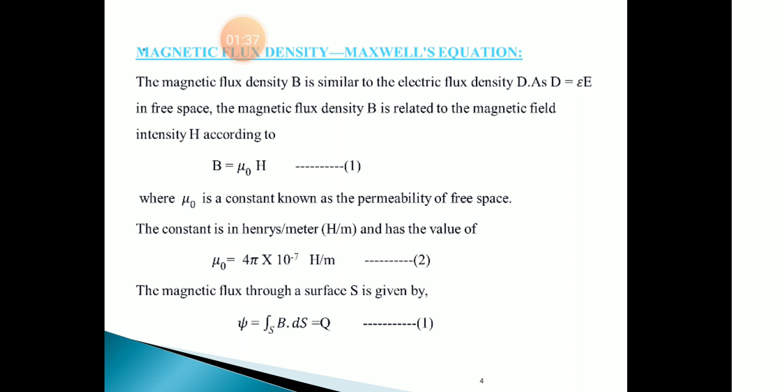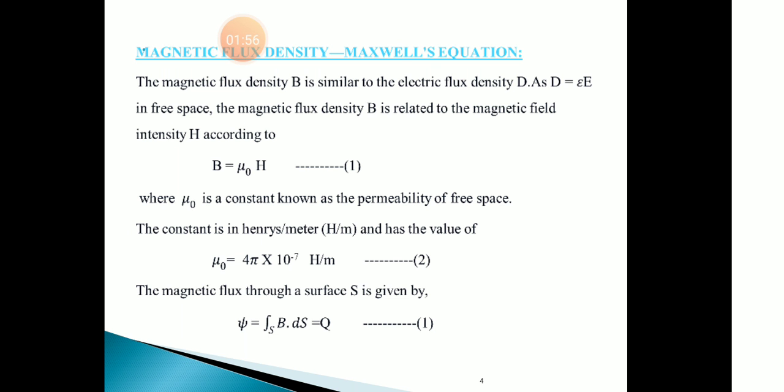The magnetic flux density is related to the magnetic field intensity H. In free space, B bar is equal to mu naught H bar, where mu naught is a constant known as the permeability of free space.